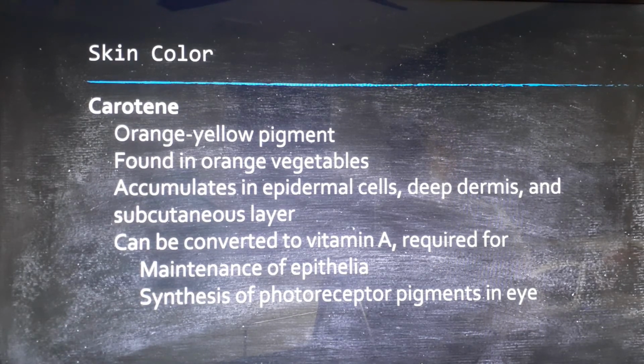What they don't tell you and should tell you is that you should not start out with carrots for the first week and then feed your baby sweet potatoes and then feed your baby squash. Because the pigment that makes those vegetables orange is carotene. And it will accumulate in the epidermal cells, in the dermis, and in the hypodermis.